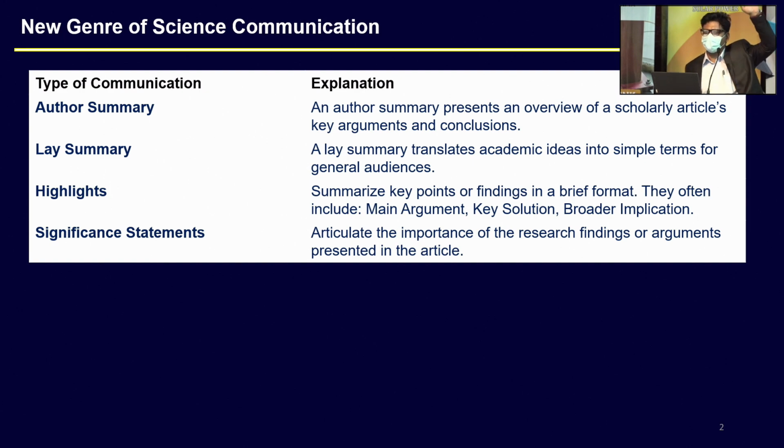May I get a raise of hands if you have seen this when you are trying to publish something, where the journal asks you to give an author summary, lay summary, or highlights or significant statement? Yeah, in fact, most of you have experienced this, right? So this is the new genre of science communication. You have to not only produce science, you have to also be aware of these different communication styles.